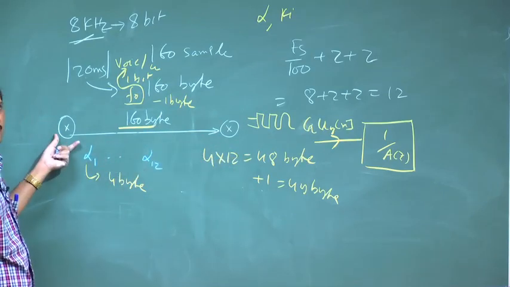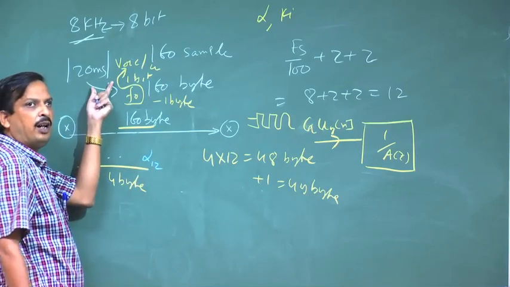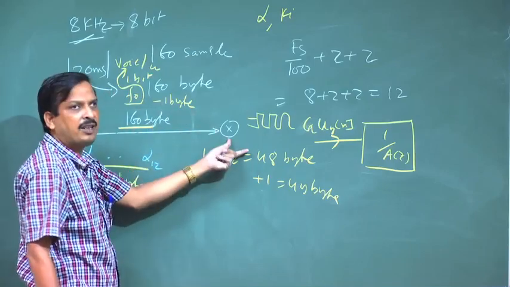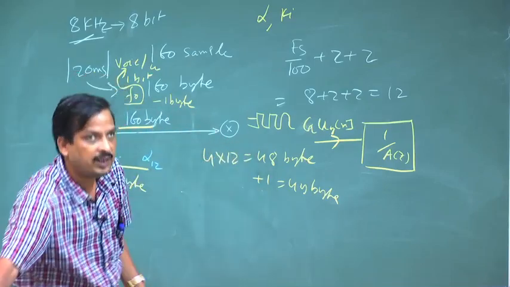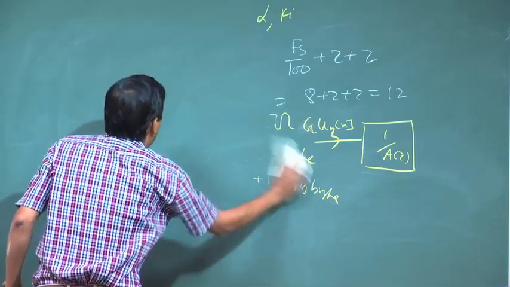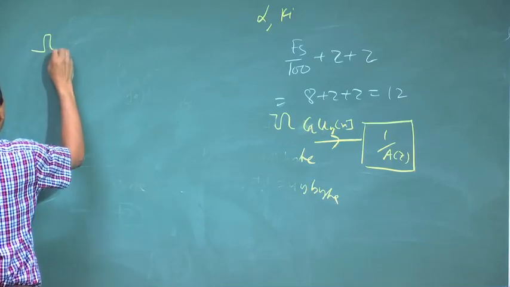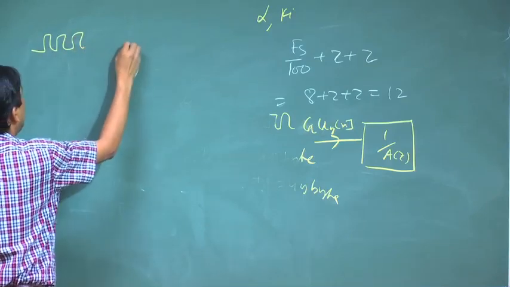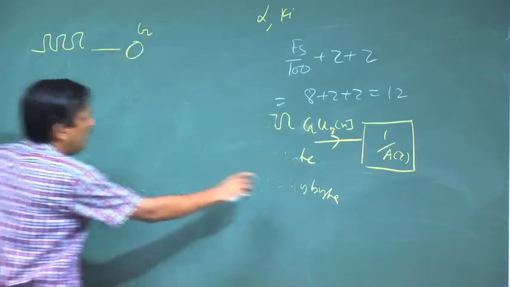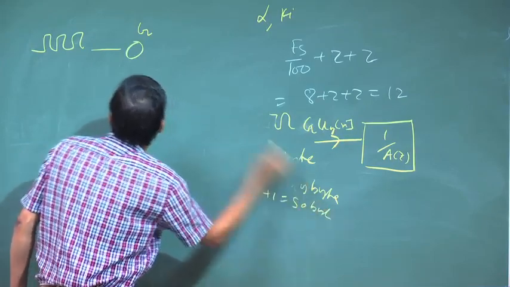So in LPC encoding, I only transmit the alpha values, whether it is voiced or unvoiced, and the F0 value, and then the receiver side reconstructs. If I want to draw the decoder, if it is voiced, this is an impulse generator, then there is a gain; the gain G is also transmitted using 1 byte, so it is 50 bytes.